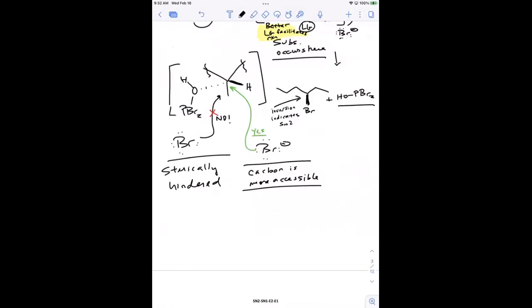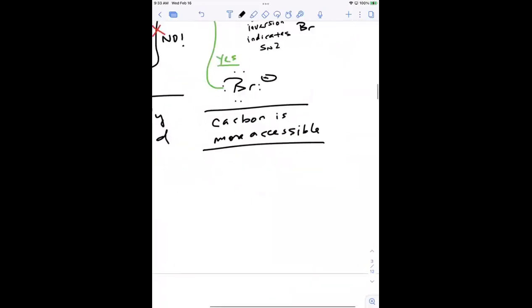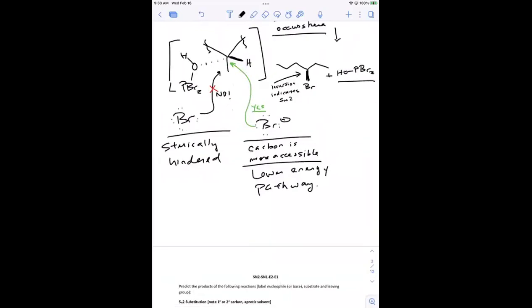Which pathway is lower in energy? Think about it. It was the one with less steric hindrance. Yes, this is the lower energy pathway. And if that's my lower energy pathway, that's what's going to predominate.